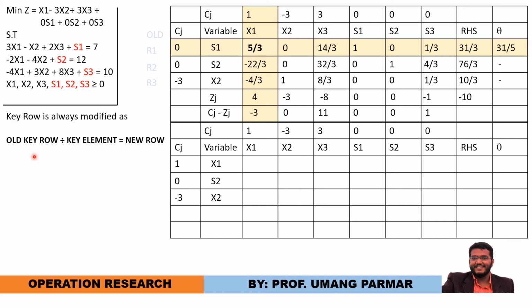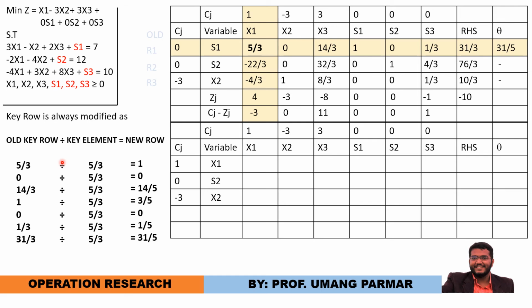So the old key row members are 5 by 3, 0, 14 by 3, 1, 0, 1 by 3, and 31 by 3 here, and that is divided by 5 by 3, my key element. I got the new elements as 5 by 3 divided by 5 by 3 as 1, 0 divided by 5 by 3 again 0, and the other elements 14 by 5, 3 by 5, 0, 1 by 5 and 31 by 5.